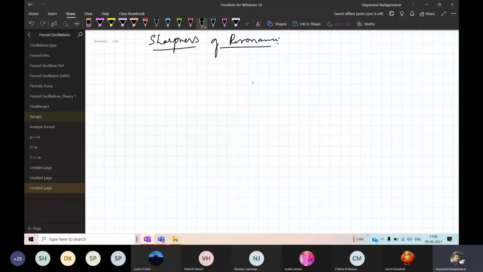Okay, there is a concept called as sharpness of resonance. What is sharpness of resonance?